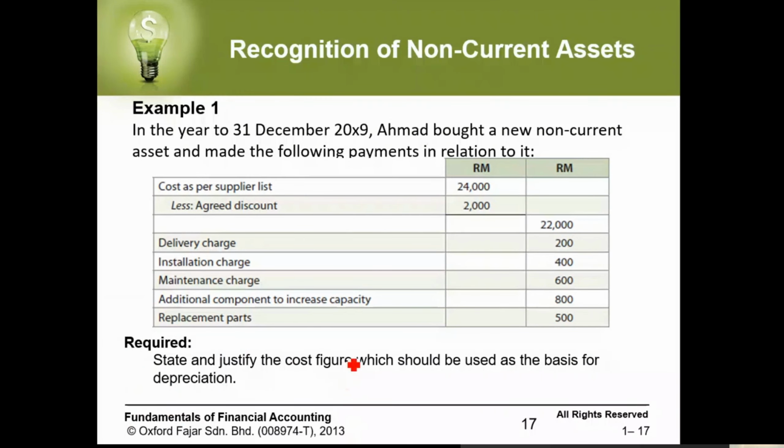I want to ask you, can you figure out which of those costs we cannot start using the machine without? Again, let's say we get the machine on the 1st of January 2019, and we want to start using the machine. And this is a list of the costs which we paid during 2019 for this machine. Can you state for me what are the costs without which we cannot start using the machine?